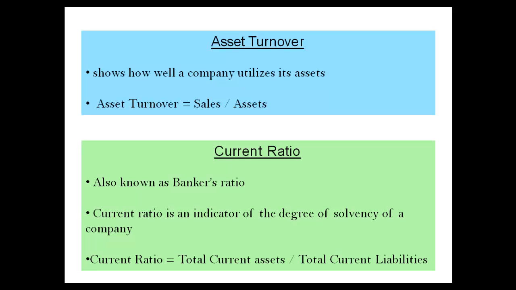To calculate the current ratio, divide total current assets by total current liabilities. A company that has $3.2 million in current assets and $1.2 million in current liabilities would have a current ratio of 2.7 to 1. That company will definitely be healthier than one with a current ratio of 2.2 to 1.